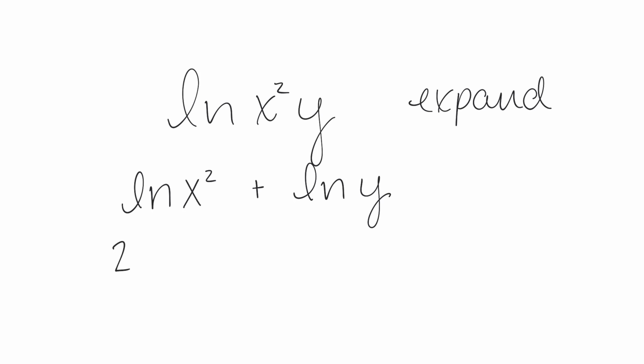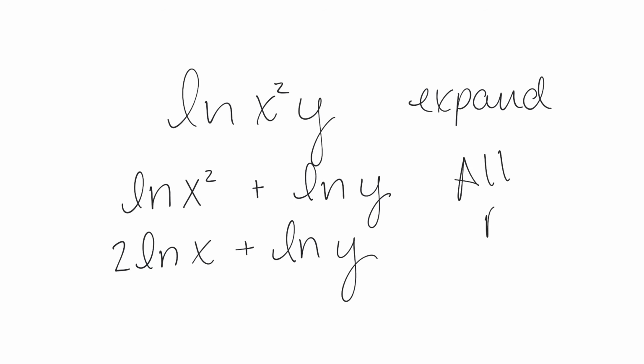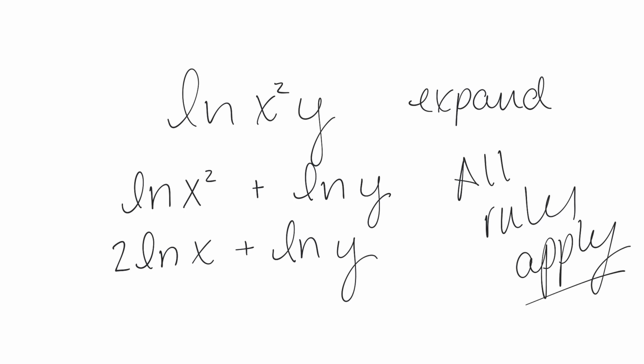Then use your power law, so 2 times the natural log of x plus the natural log of y. All rules apply. It's just a log, right? Keep that in mind. It's just a log with a base of e, which is 2.7. So all the log rules apply. Everything you've been doing, you'll keep doing. Same with its graph. It all keeps going.